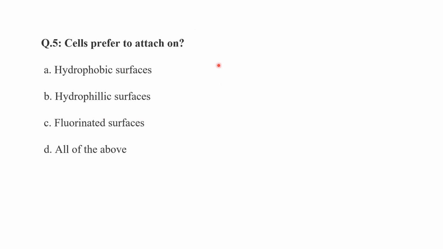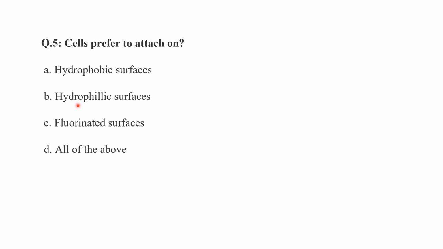For this, the cell culture plates were earlier made of glass. Now they are made of polystyrene plastic. Earlier they were usually coated with collagen or fibronectin and other extracellular matrix components, which are hydrophilic and help in the attachment of cells.